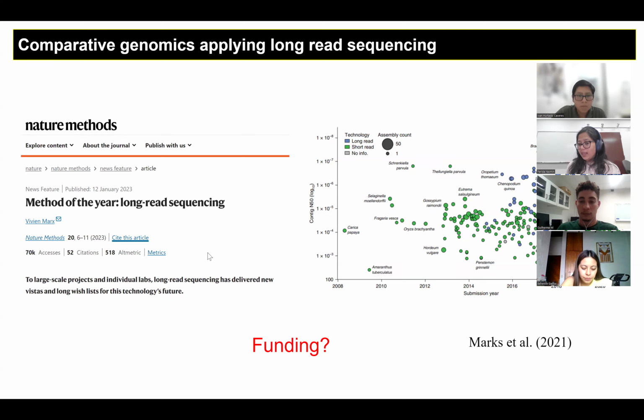So we can apply that with more ecotypes to find out what genetic diversity they have. But one challenge is funding, right? So it will need a collaborative approach, maybe some collaboration with the eastern part of the US, or this plant also grows in Canada. So collaboration always helps.